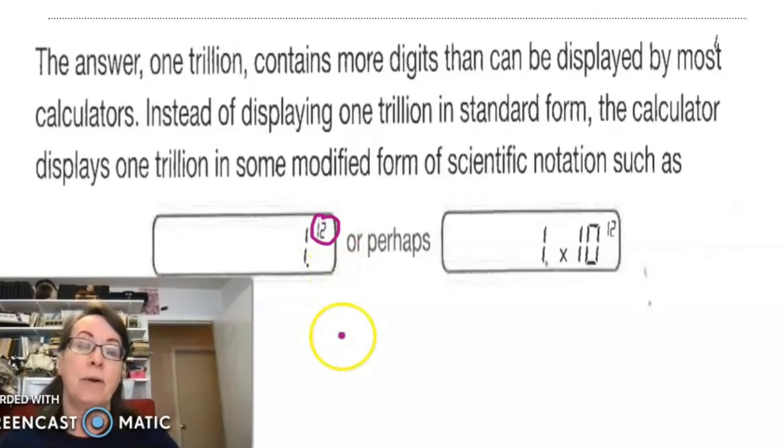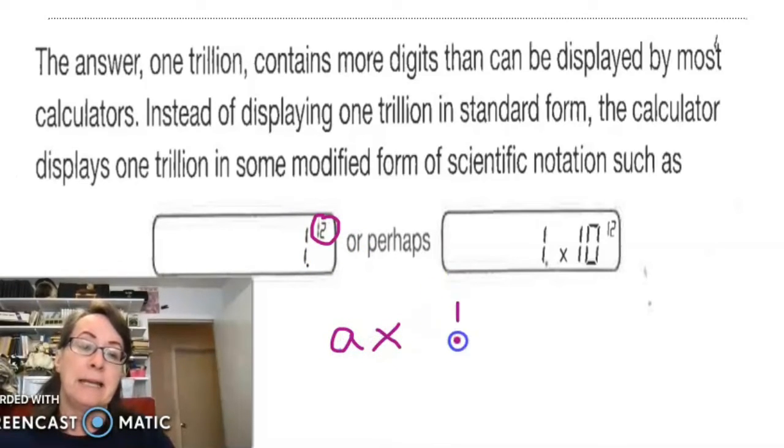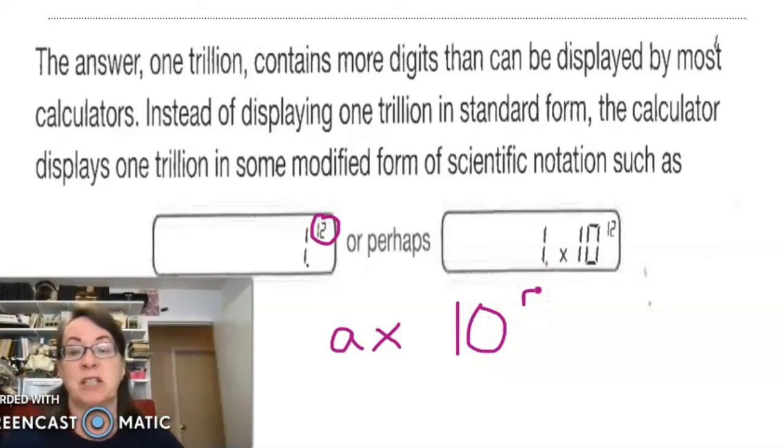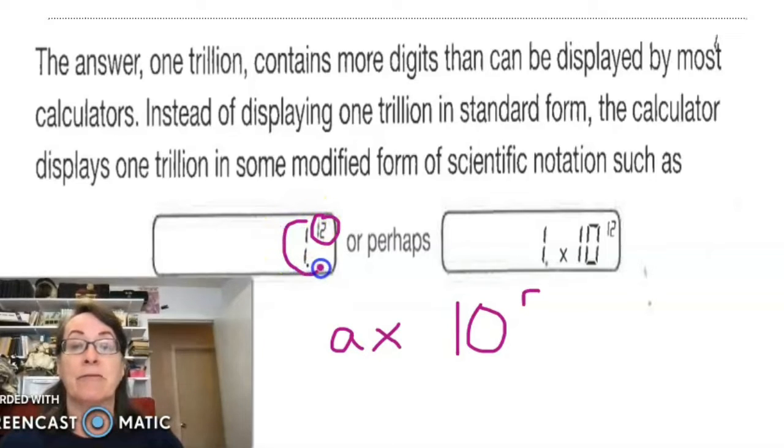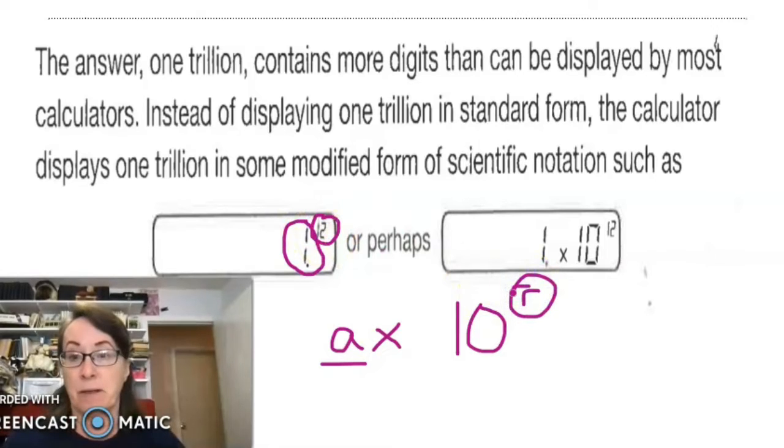The form of scientific notation is A times 10 to some power, R. On a calculator that displays this way, the number in front is the A, and this 12 is the exponent on the 10.